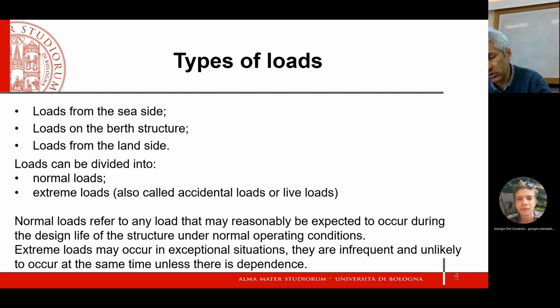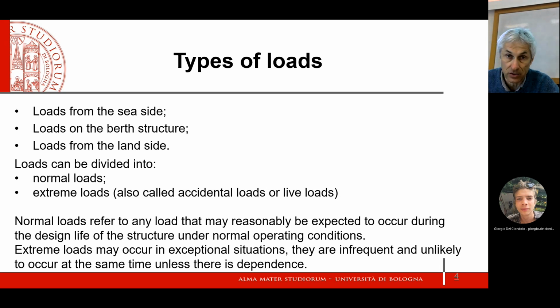There are other loads that may be dependent, like extreme waves and an unusually large number of ships moored with high load, with high weight, because the two occurrences are connected.